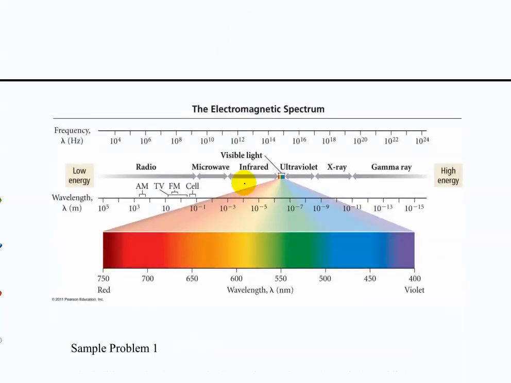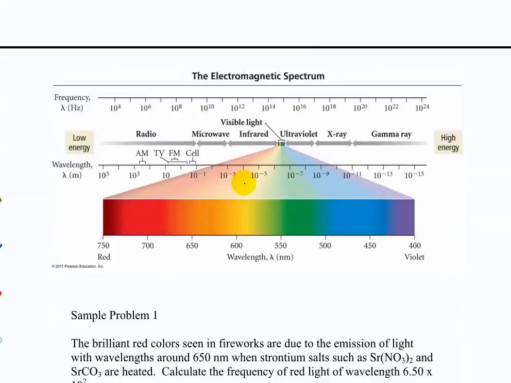All right, so here's a picture of the electromagnetic spectrum and all of the different types of electromagnetic radiation. You've got the very low energy stuff on the left, with very big wavelengths and very low frequencies, relatively.